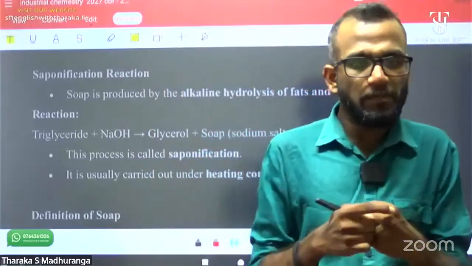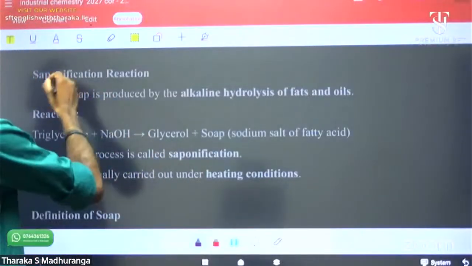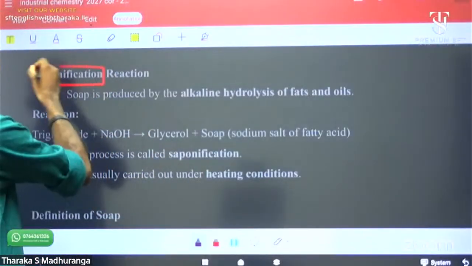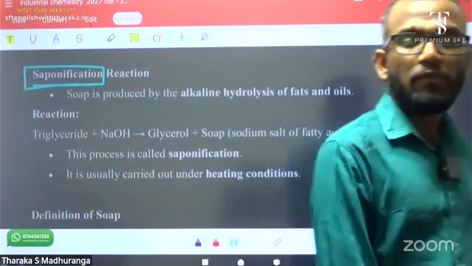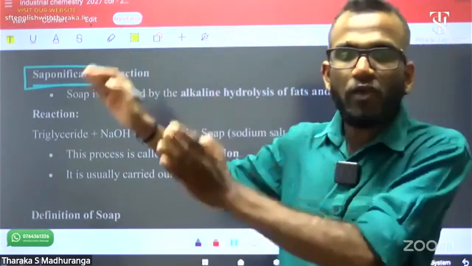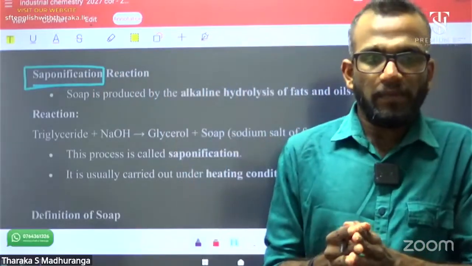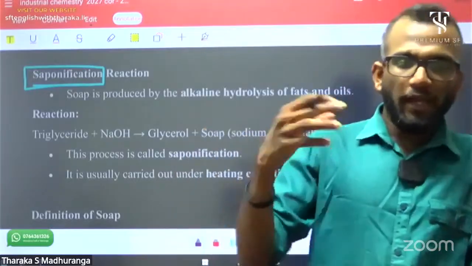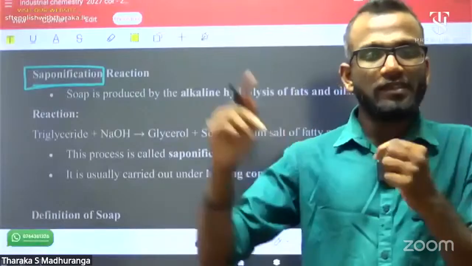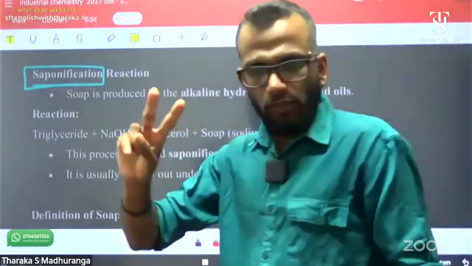In soap production, remember very well, saponification is the chemical name of the soap production process. The reaction of caustic soda and triglyceride is called the saponification reaction. Point 2.